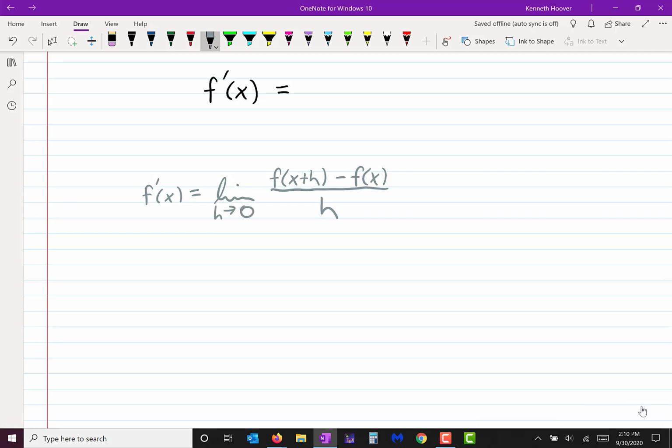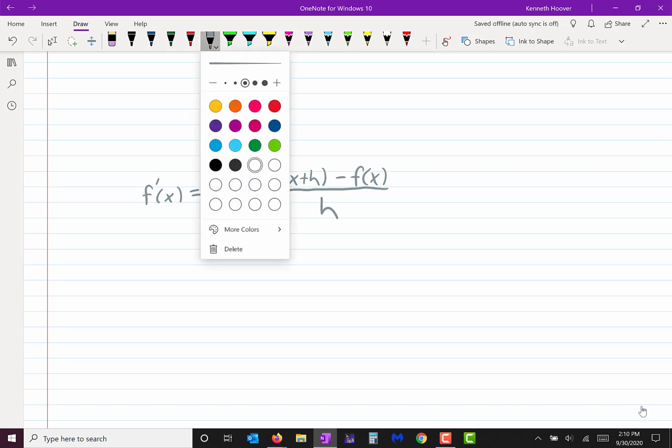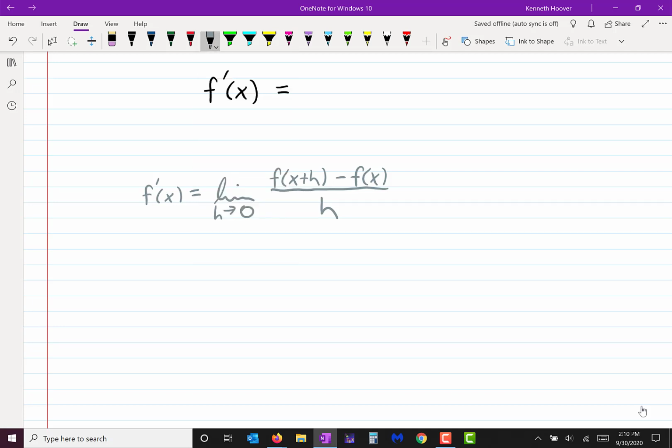Now I'm just going to do a little bit of algebra here. I'm going to replace h with x minus c. Why am I going to do that? Well, don't worry right now about why. Just trust me and you're going to see that it's a good idea. I'm going to replace the letter h with x minus c.